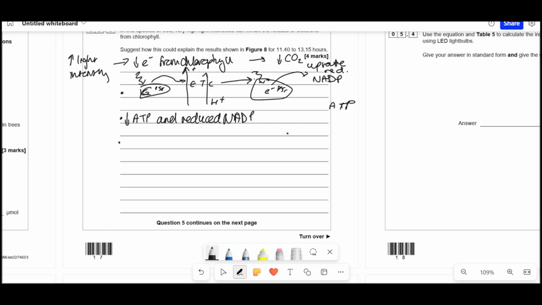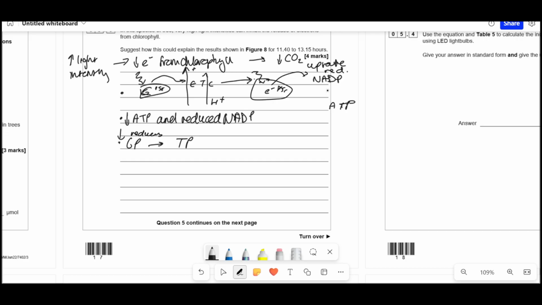This goes to the Calvin cycle, and you need to think, what does this directly get used in straight away? If you can do that without having to list the whole Calvin cycle out, you pretty much know it. Reduced NADP first appears when you're going from GP to TP. So you are reducing GP into TP. So there's less reduction of GP into TP, and then you say its consequences.